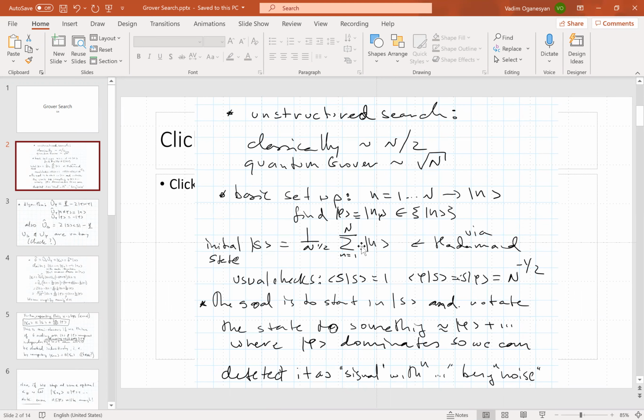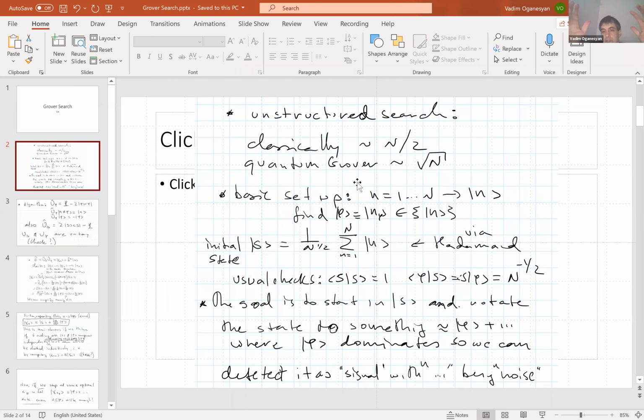This is slide 1. This is basically just setting up the notation, if you like, right? Think of it as essentially writing classical information in a quantum space, Hilbert space. So we have a database which has capital N entries.